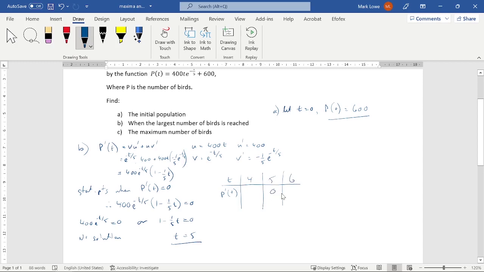If we substitute in a value of 4, that first part, 400 times e to the negative t over 5, is positive. And when t equals 4, we've got 1 minus 4 over 5, which is a positive value. So that's positive. When t is 6, that becomes negative, and so we can see that it is in fact a maximum value.